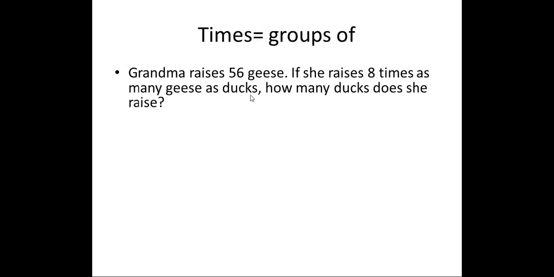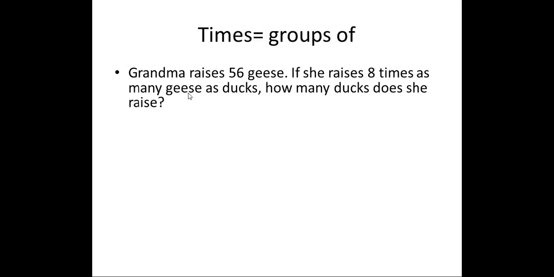So the number of ducks is the amount in each group. Now let's see which noun is to the left or in front of one of the as, the first or the second. There is a noun in front of the second as, that's geese. So the number of geese is the total amount in all the groups.